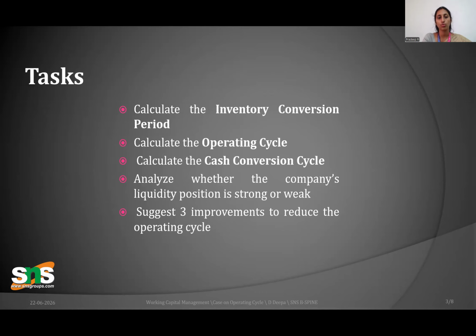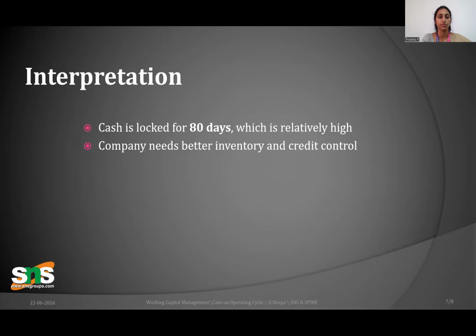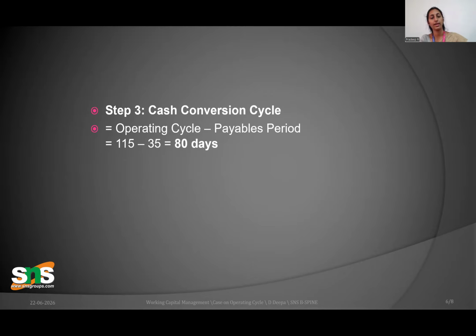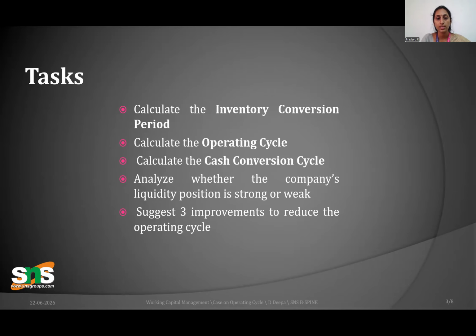So 115 minus 35 gives 80. So 80 days is your cash conversion cycle. This is the method to calculate all these: we calculated inventory conversion, the operating cycle, and the cash conversion cycle is also done.